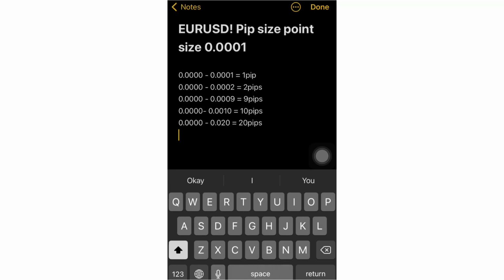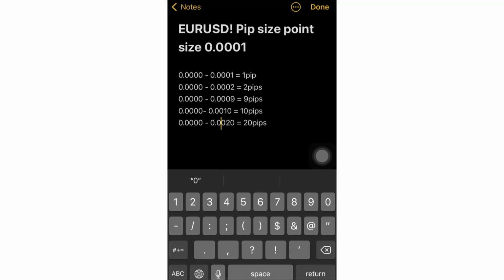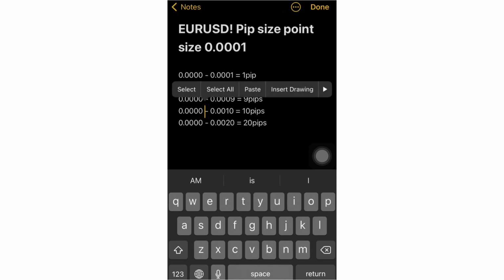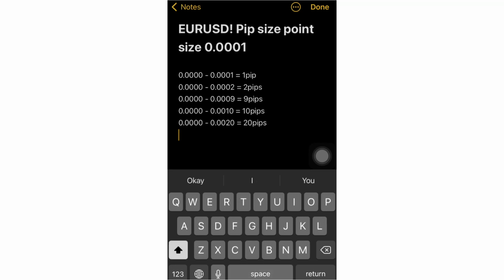From this side, the pip starts from the last digit, after the 3 zeros, the first is 0001, then you go 1, 2, 3, 4, 5, up to 9, then 10. From the 10th, it starts with 1, 0.